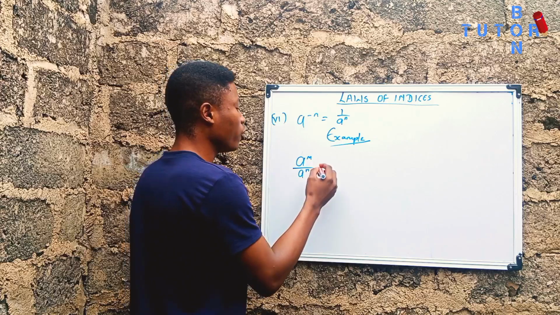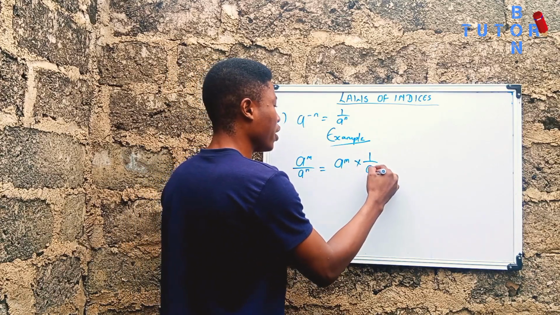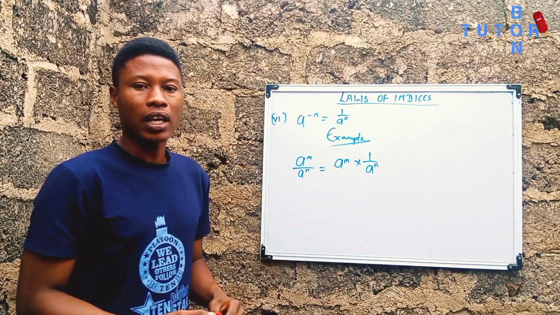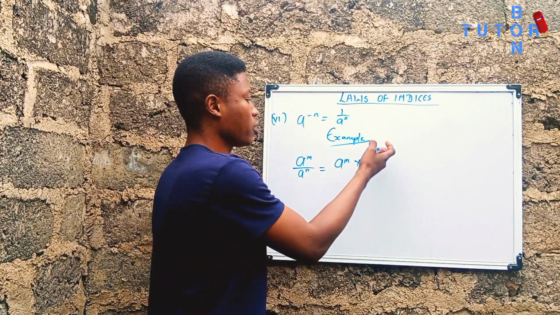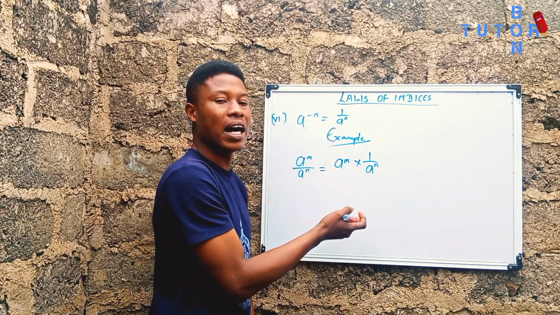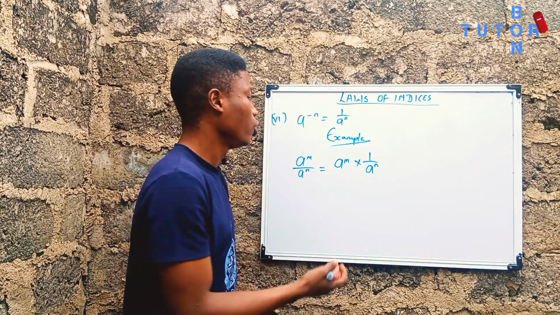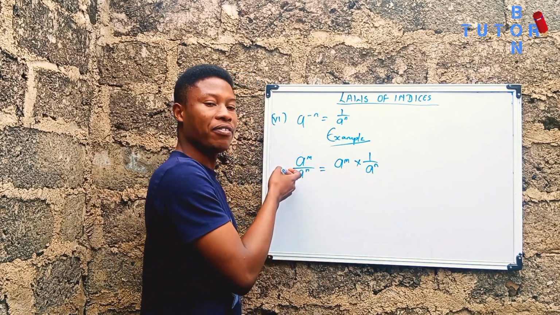So I can write this by saying a raised to power m multiplied by 1 over a raised to power n. I can write this like this because every number has 1 as the denominator. So if I use the denominator 1 to multiply this a raised to power n, I'll have this back.